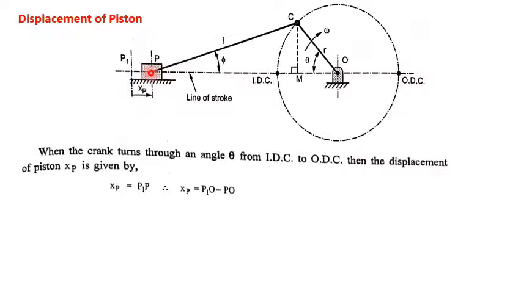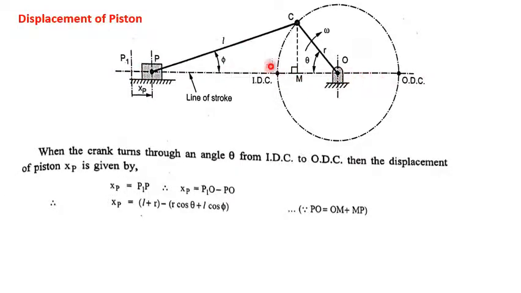So this P1P can also be written as P1O minus PO, because with respect to a fixed point we are finding P1O minus PO, which represents XP. Now, P1O is nothing but what?